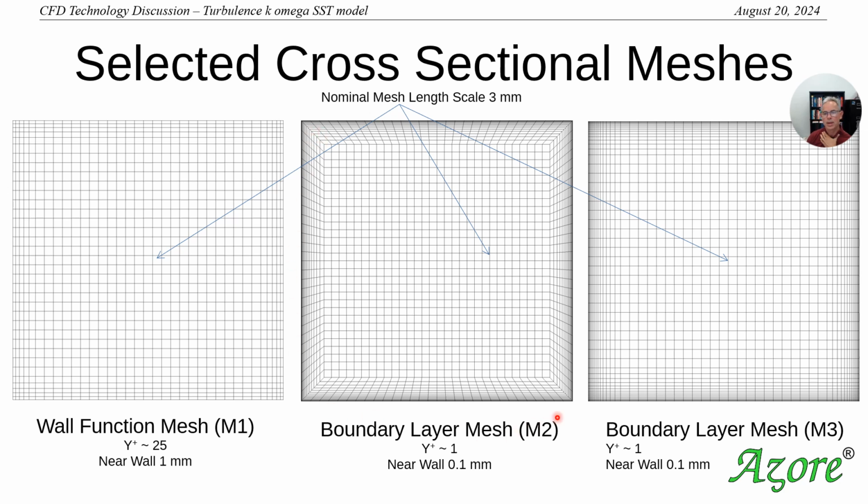This approach is often referred to as an inflation layer, where the mesh structure on the perimeter is pushed in, and then the mesh structure on the inner part is developed from that. Whereas on this mesh structure, it's more of rows and columns where the cells are bunched up along here, and you get Cartesian cells rather than these irregular cells around the corner. So those are the three mesh topologies that we're going to look at here.